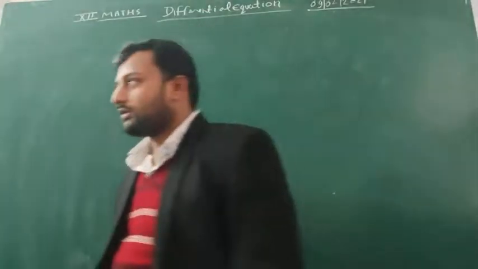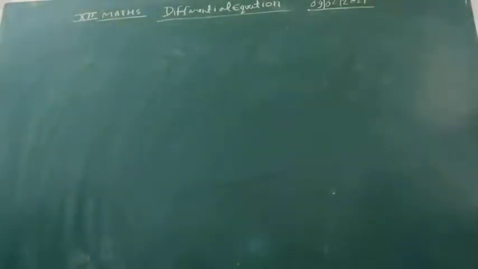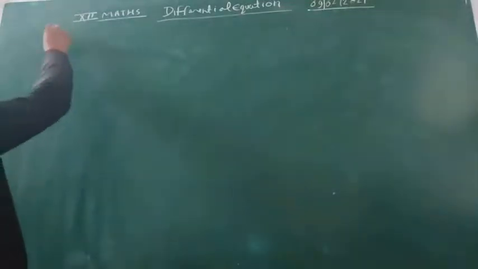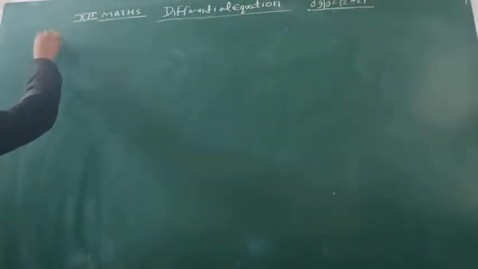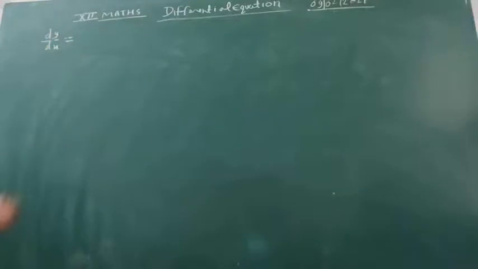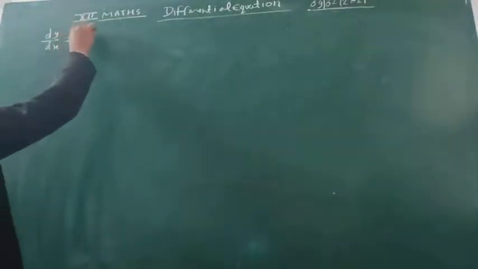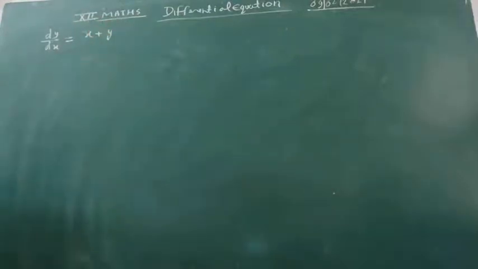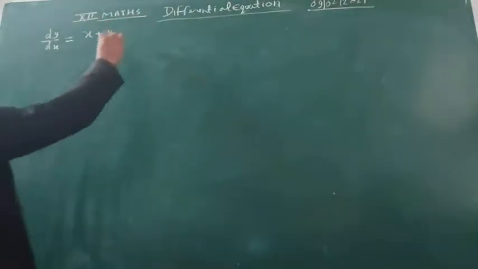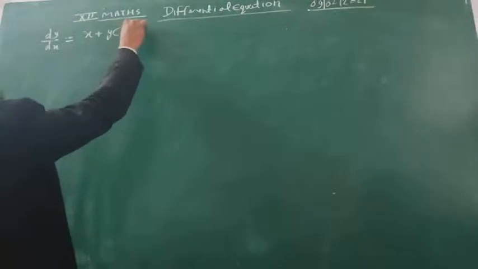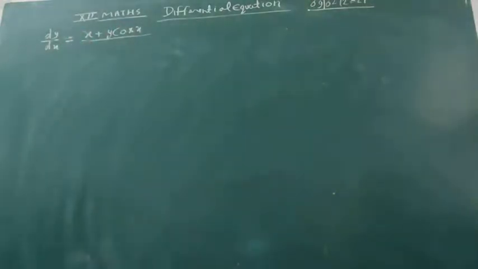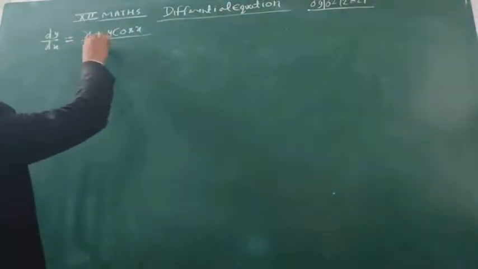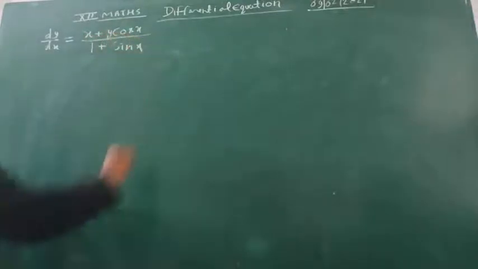Okay, let's see. The first question is: find the particular solution of the differential equation dy by dx is equal to x plus y cos x by 1 plus sin x.